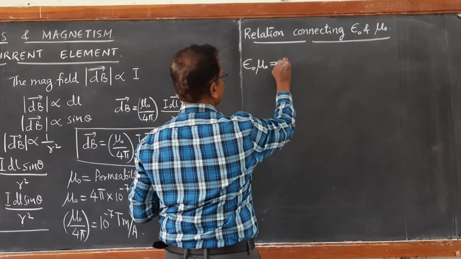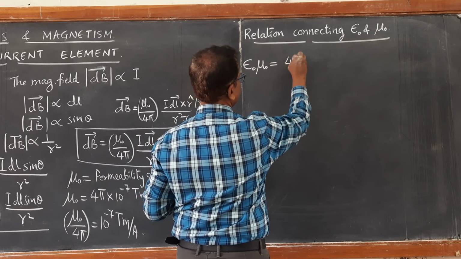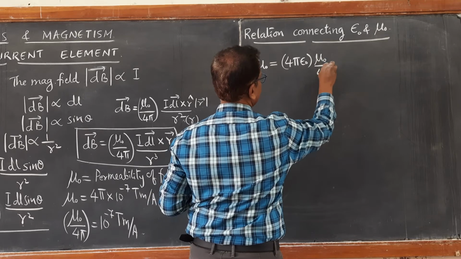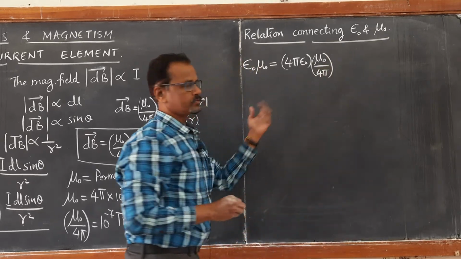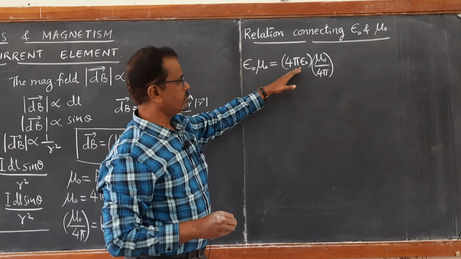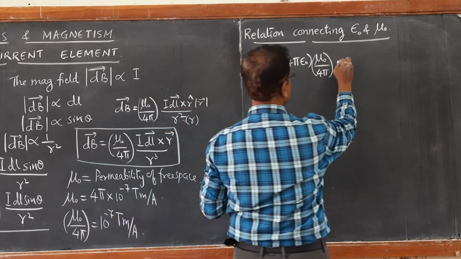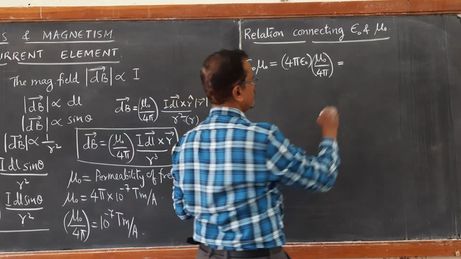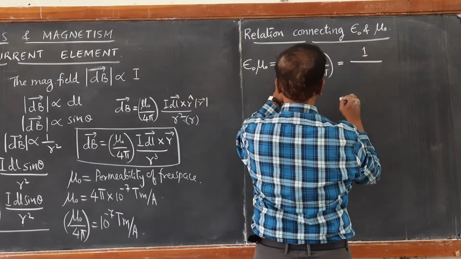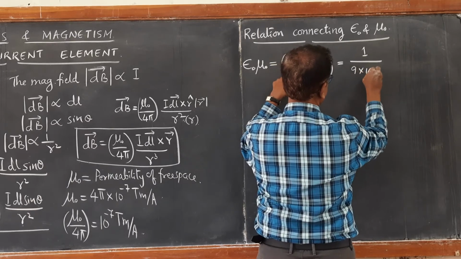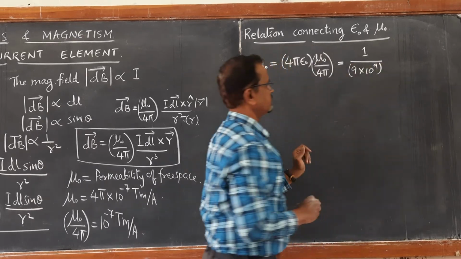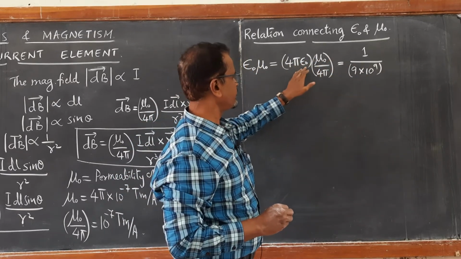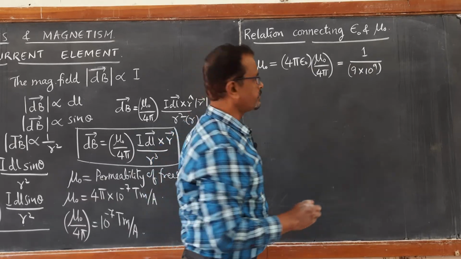Better multiply this by 4 pi and divide it by 4 pi, then it becomes quite easy, because we know 1 upon 4 pi epsilon naught is 9 into 10 to the power of 9. Therefore 4 pi epsilon naught is equal to 1 by 9 into 10 to the power of 9.